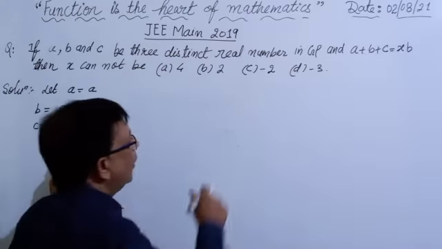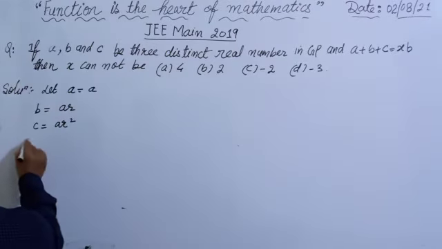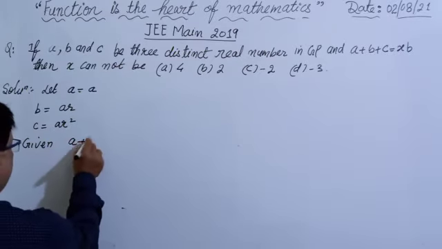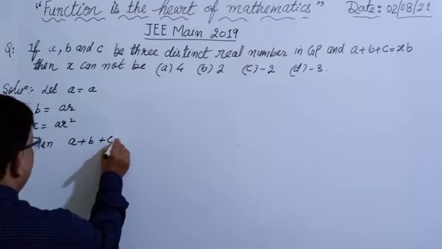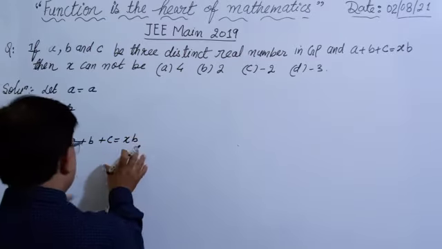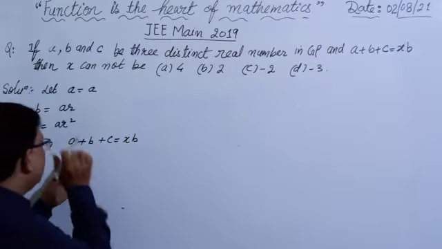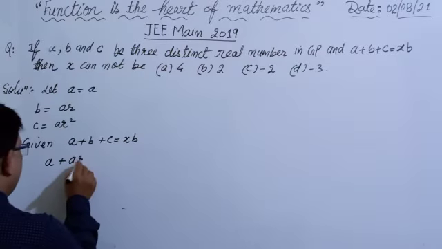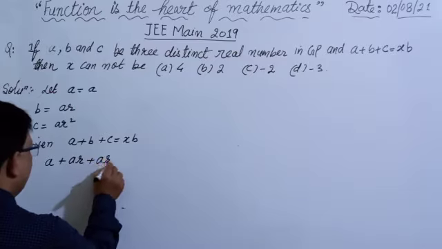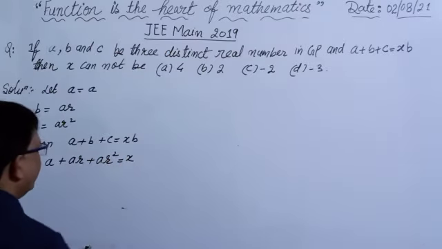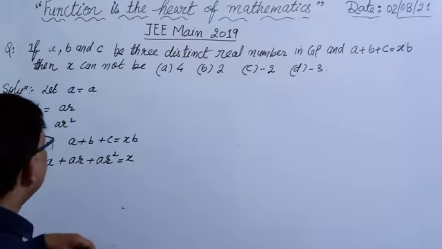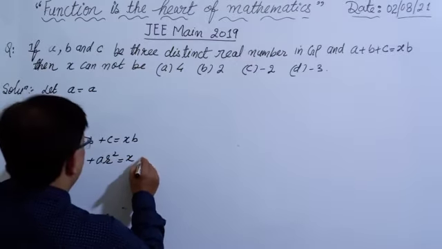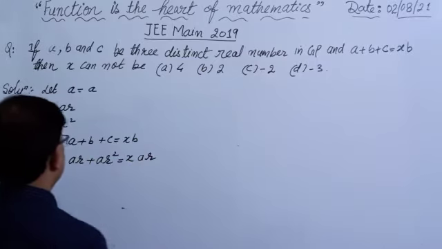Now we also have given A plus B plus C is equal to XB. Now we substitute our value. So here A plus AR plus AR square is equal to X, and the value of B is AR.